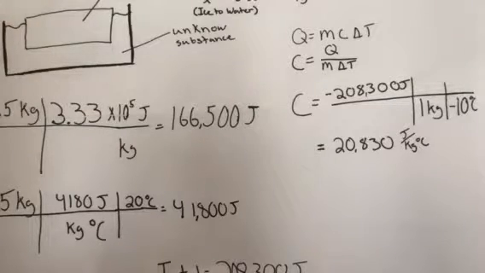And the negative 10 degrees Celsius is because it starts at 30 degrees Celsius, then lowers to 20 degrees Celsius, so it actually loses temperature. Both those numbers have to be negative. And there's only 1 kilogram of the unknown substance. So if you solve that out, you get 20,830 joules per kilogram degrees Celsius.